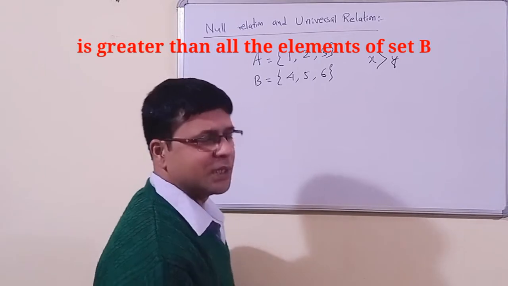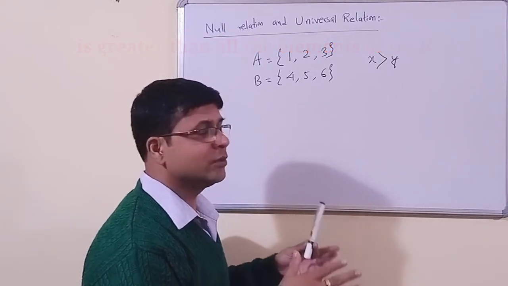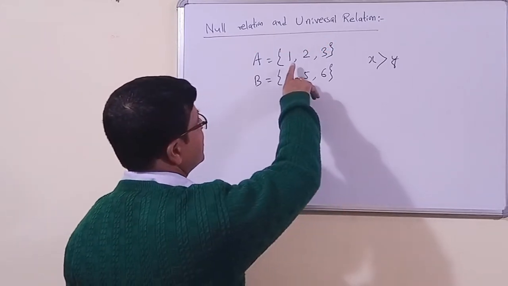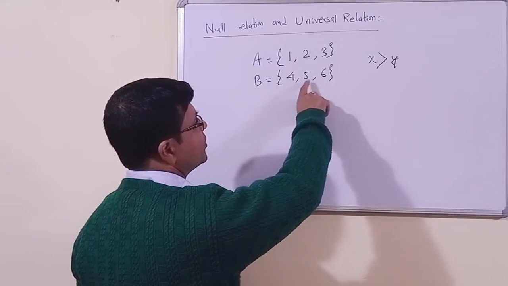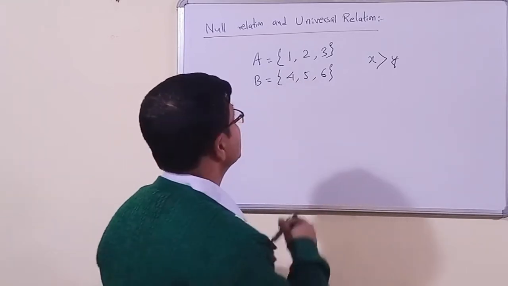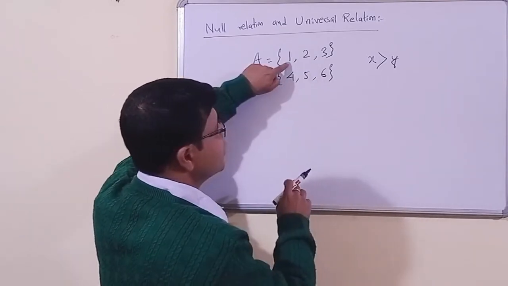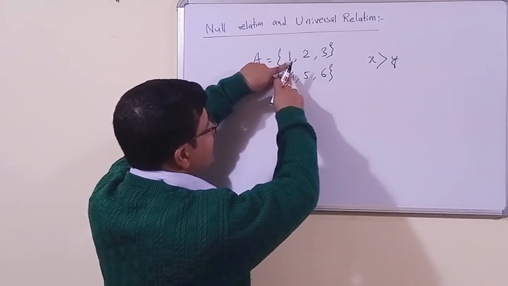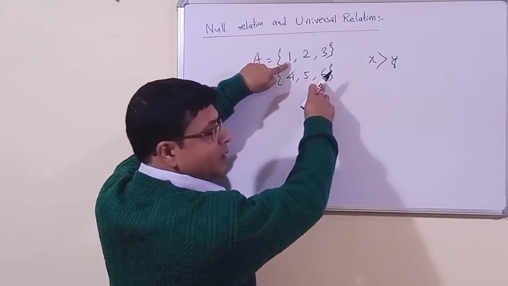Then we have to frame a relation. This is the condition I have given: all the components of set A are greater than all the components of set B. Let us see whether this is true or not. 1 is not greater than 4, 1 is not greater than 5, 1 is not greater than 6.